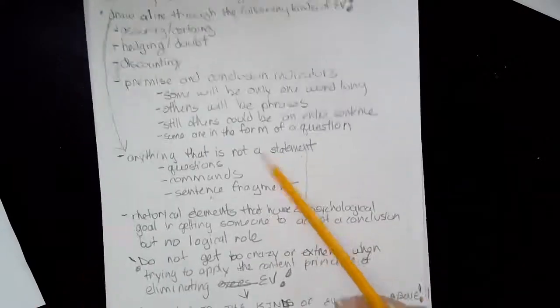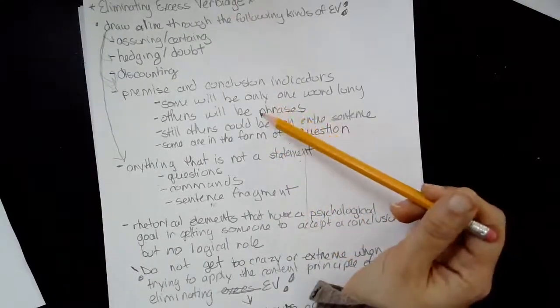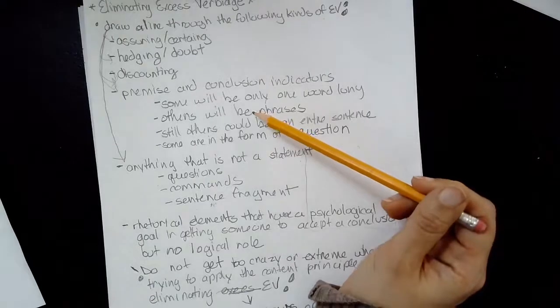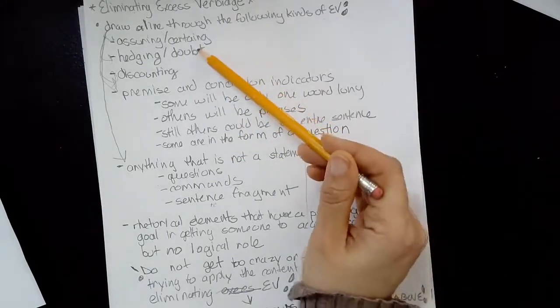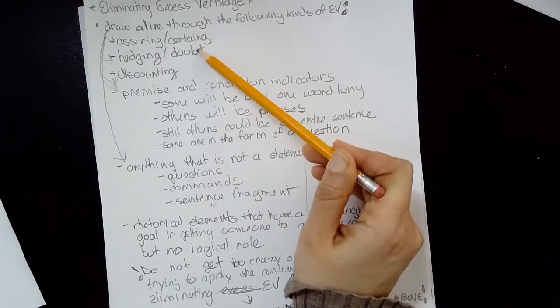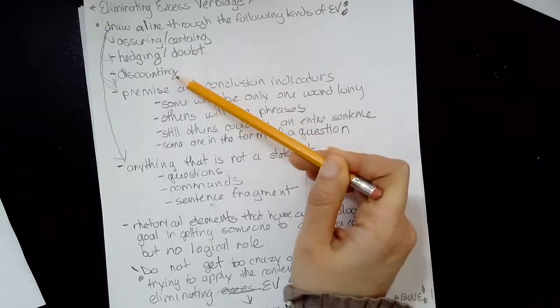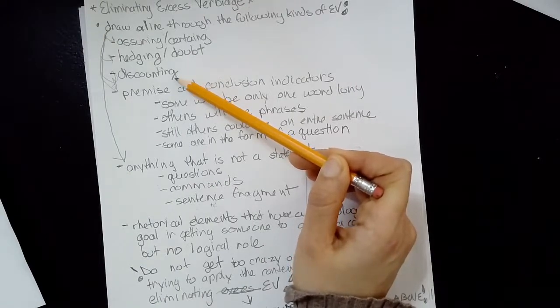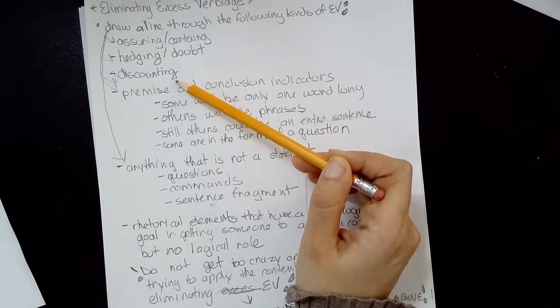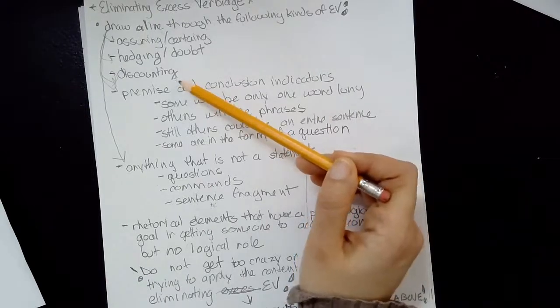But when you're doing an argument in paragraph form, you're trying to be coherent, compelling, persuasive. So you do want premise and conclusion indicators. Hedges are great because then you show that you have some intellectual humility. And offering discounts, showing that you realize that somebody might object to what you're about to say, is a sign of intelligence, nuance, and recognizing that there may be views that differ with yours.